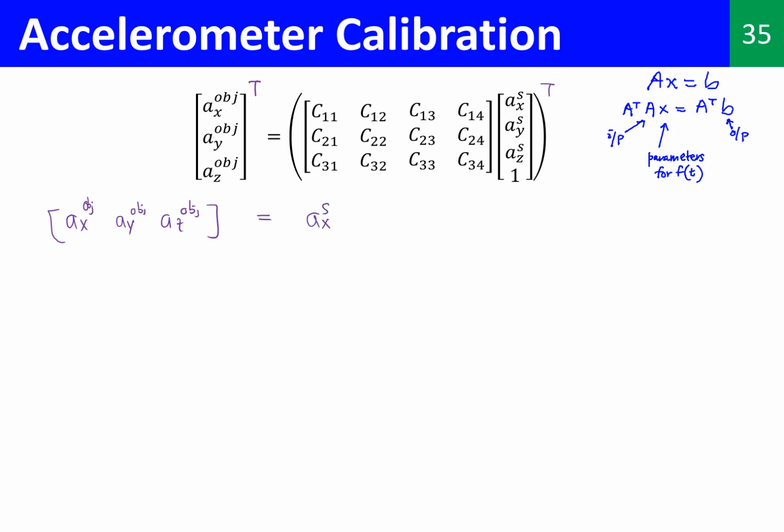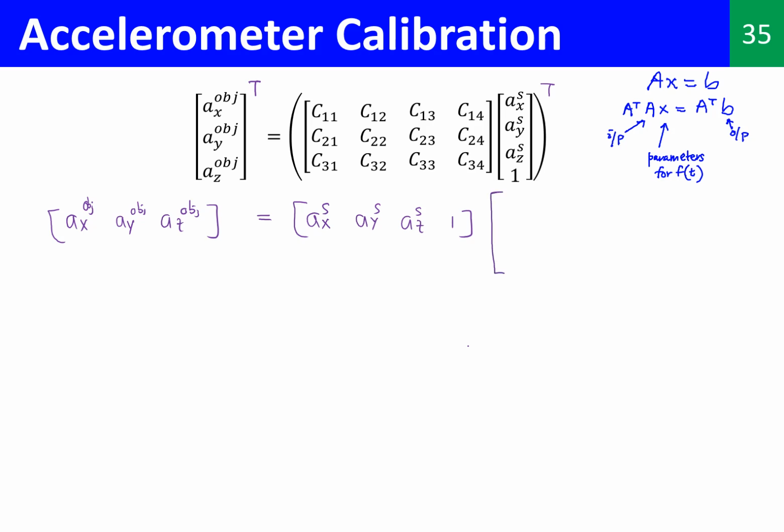AX, AY, AZ and a 1. Next, we have the transpose of the calibration matrix, right?